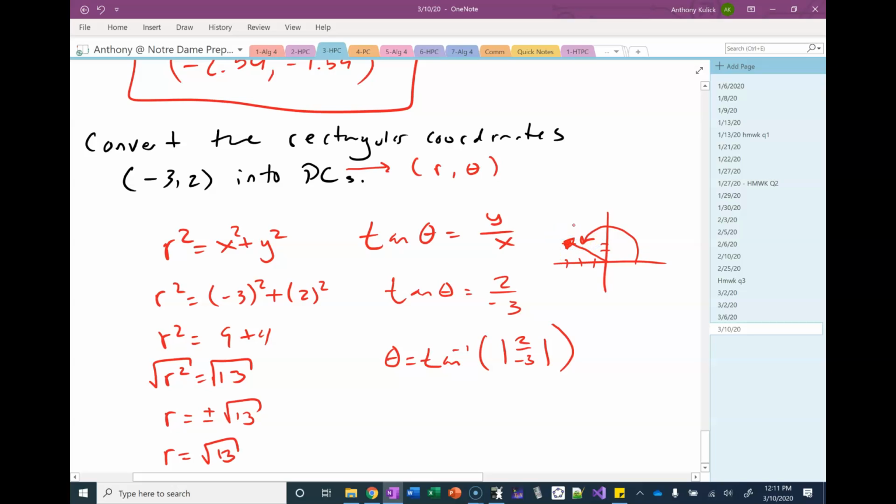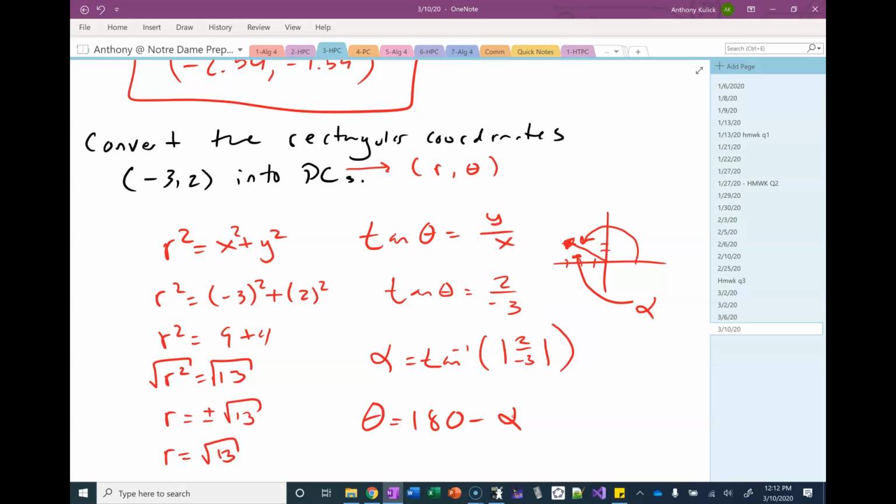So what quadrant is my solution in here? Should be in quadrant 2, right? I'm going to call this alpha. So the angle that we're going to find right now is alpha, and the relationship between alpha and theta is 180 minus alpha.